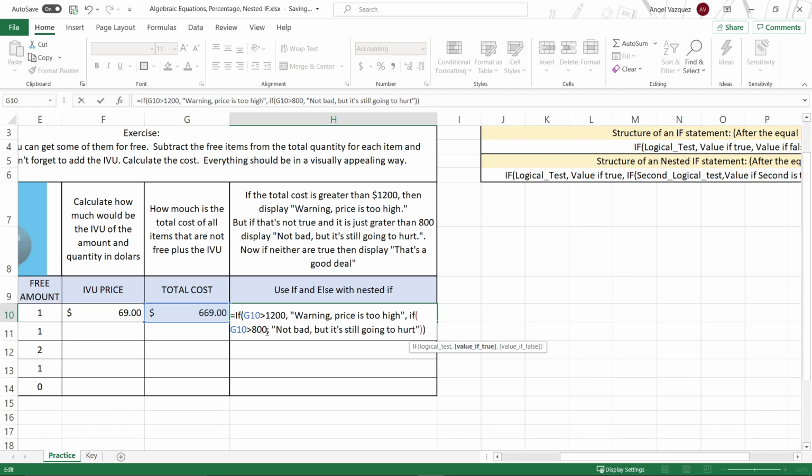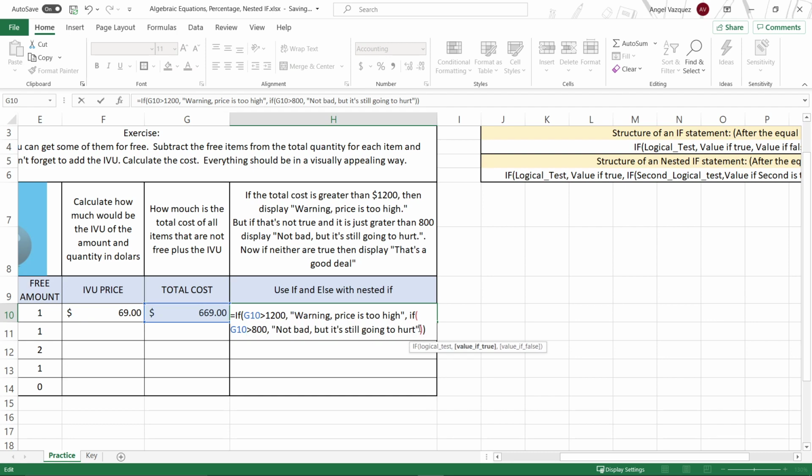And then right now we have this one, which will be checked if the previous one is not true, right? And this will play only when it's not greater than 1200, but it is greater than 800.